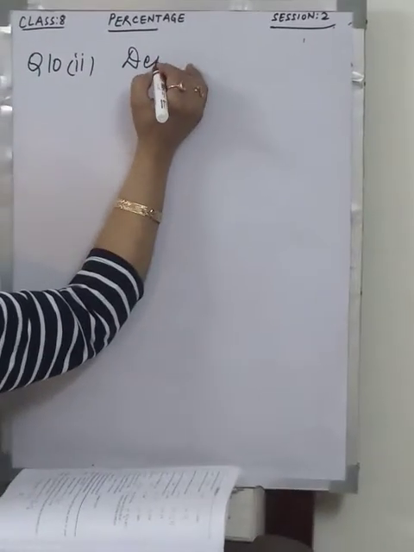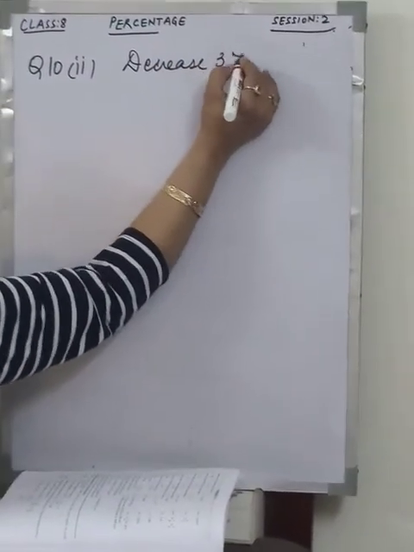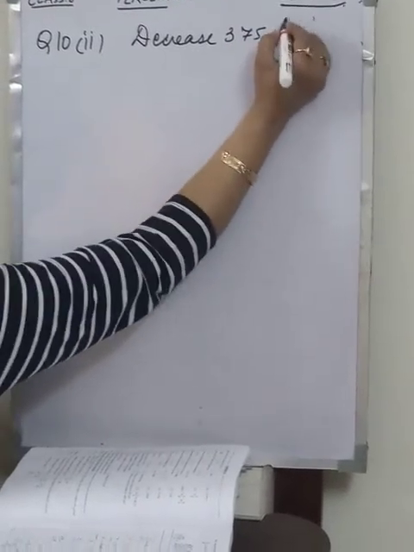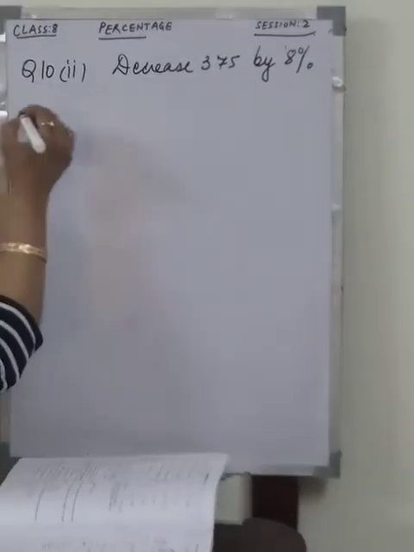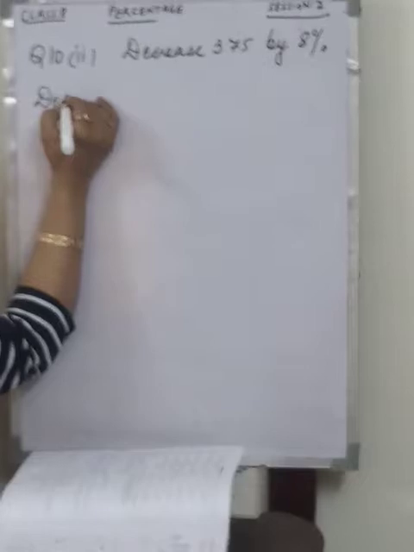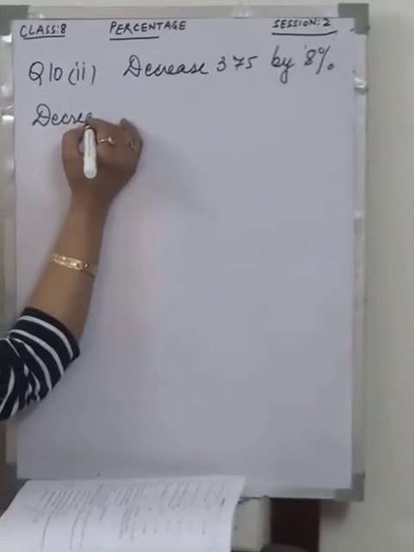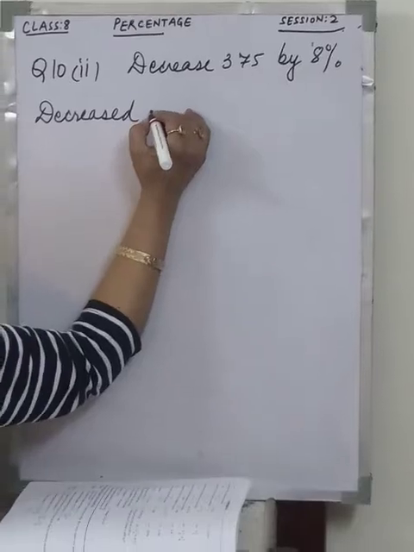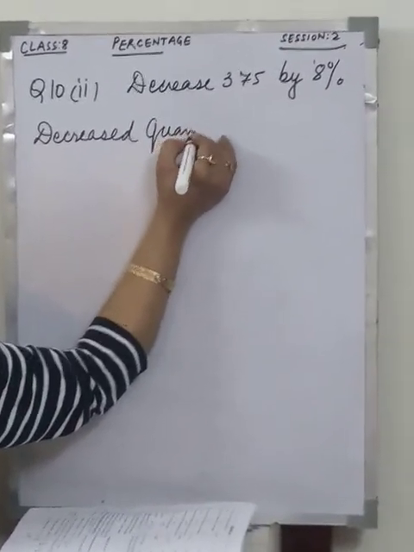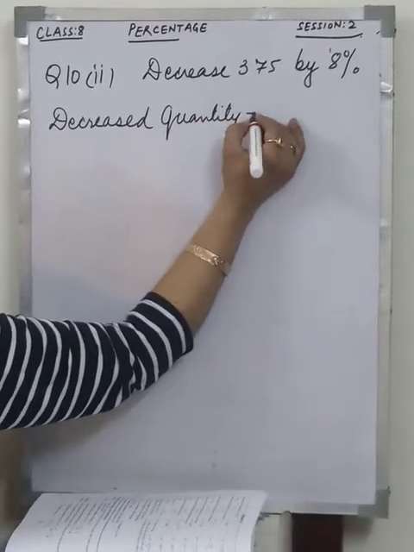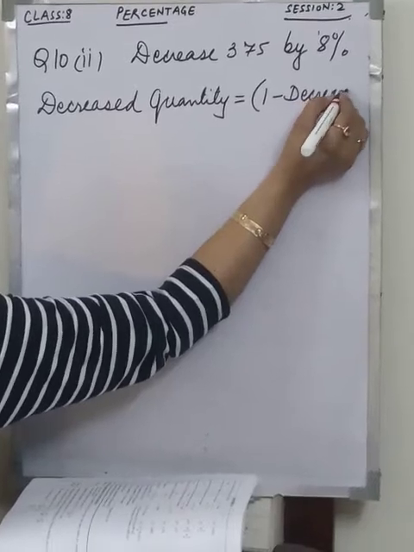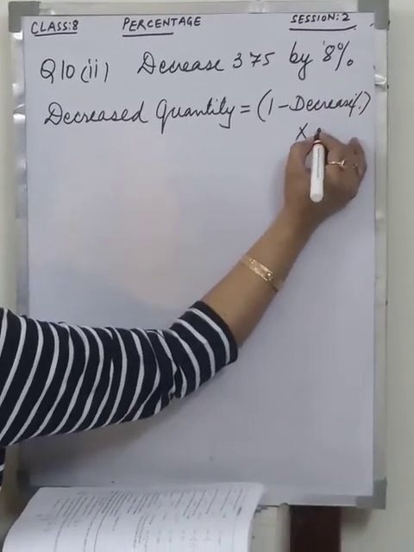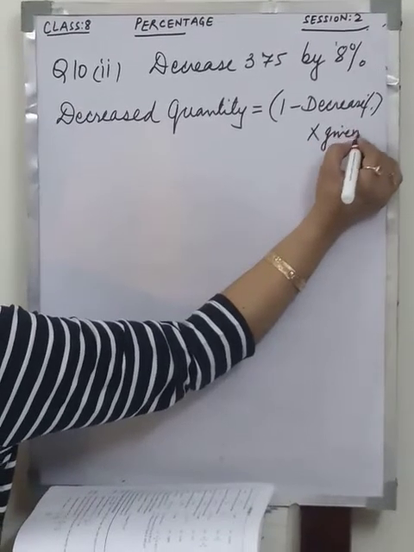We are looking for the decreased quantity. The question is decrease 375 by 8%. So we are looking for the decreased quantity. Decreased quantity is equal to, I said, 1 minus decreased percent into the given number.